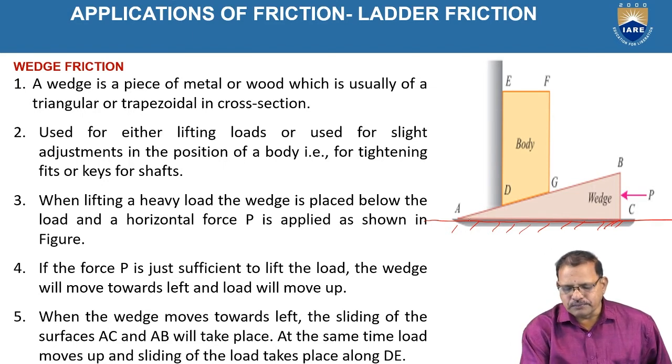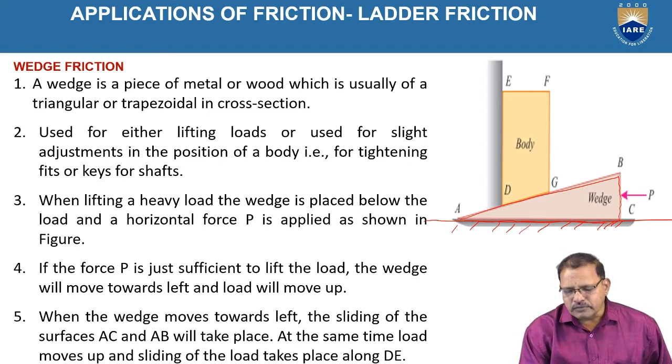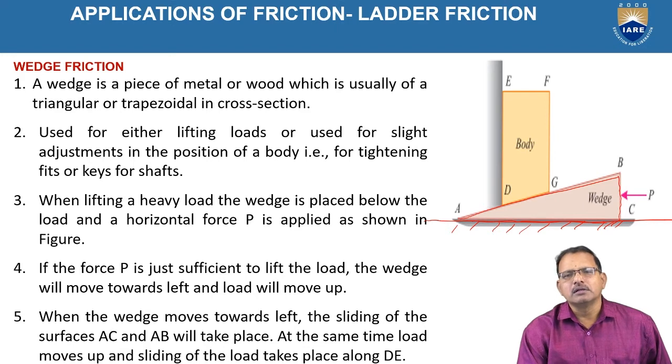The wedge is kept below the body and we apply the force small p toward the right side such that the wedge moves toward the right side. Since it is inclined, while the wedge moves, automatically the body moves vertically upward.